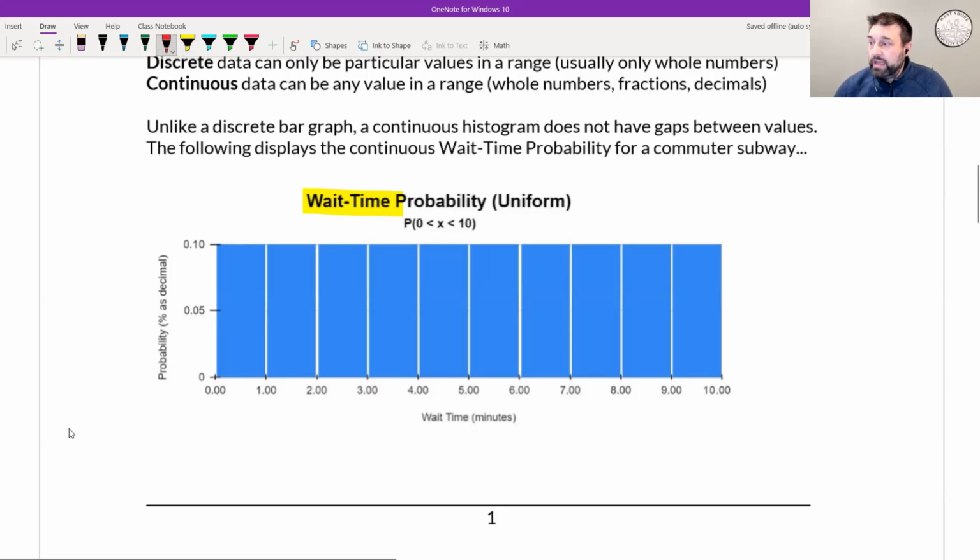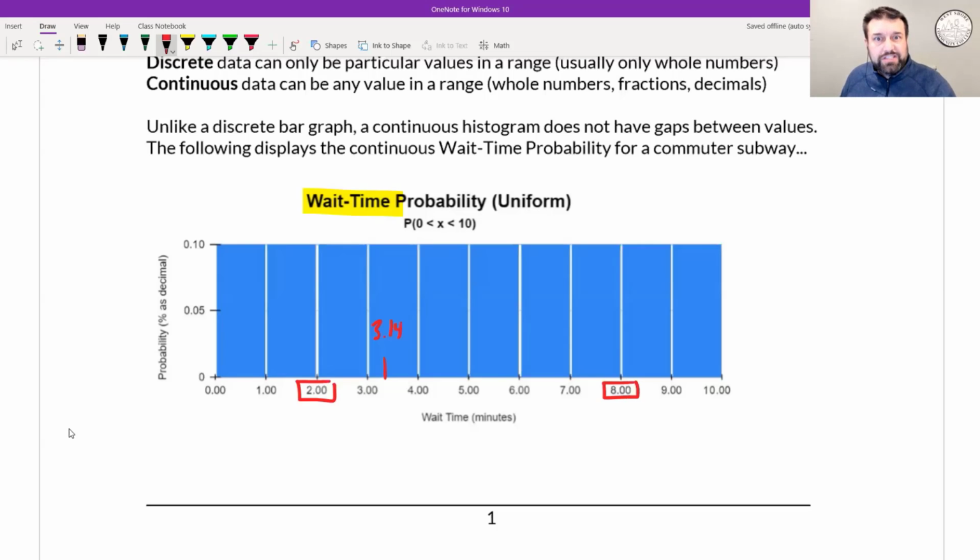Well, you could be waiting 2 minutes, you could be waiting 8 minutes, or you could be waiting 3.14 minutes. This is a continuous situation because you can acquire any number from 0 to 10, smooth and continuous. It's not just the discrete numbers of 1, 2, 3, but it's the infinitely many possibilities in between those.